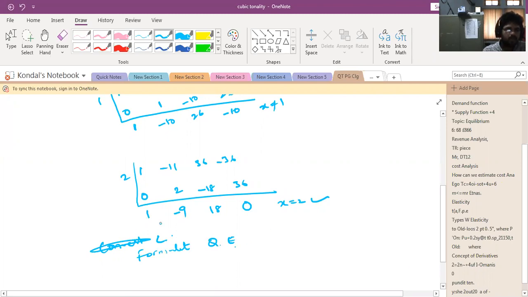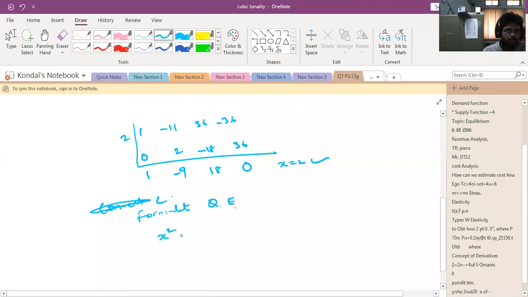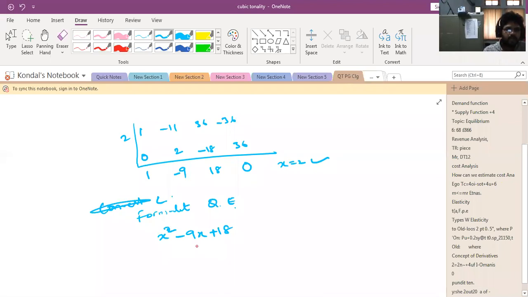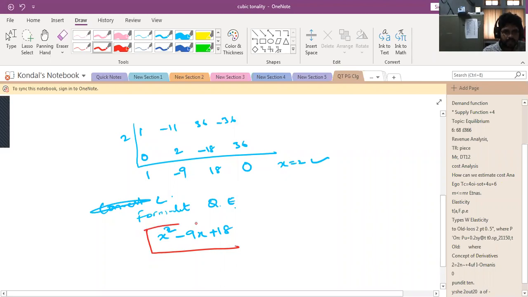Simply x square minus 9x plus 18, right? The power value is 2, so it is called the quadratic equation. Am I right? Yes, sir. So when we convert the cubic equation to the quadratic equation, we get x square minus 9x plus 18. Therefore this is called a, this is called b, this is called c. Then we will go with the formula.